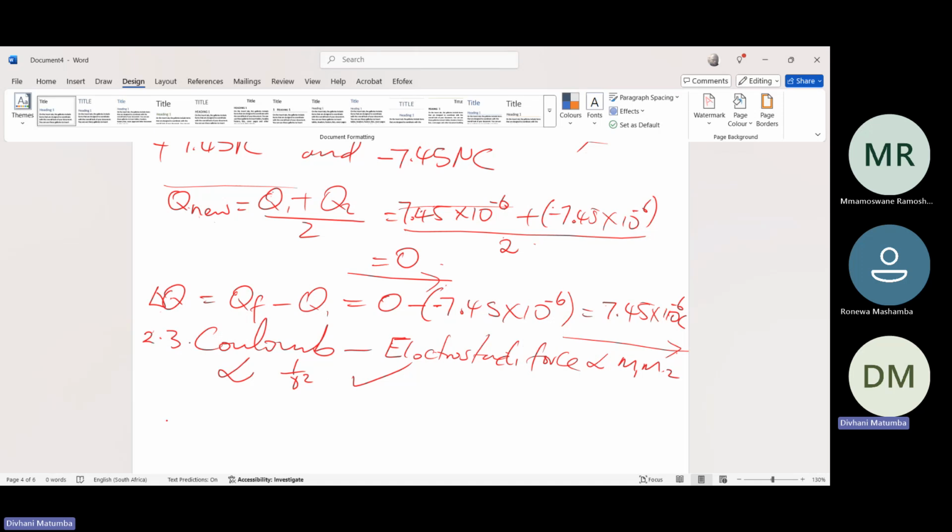Charge, let me see if you wrote the same thing. Charge quantization talks about the multiples. You can write packets, you can write a bucket, you can write a group, anything.